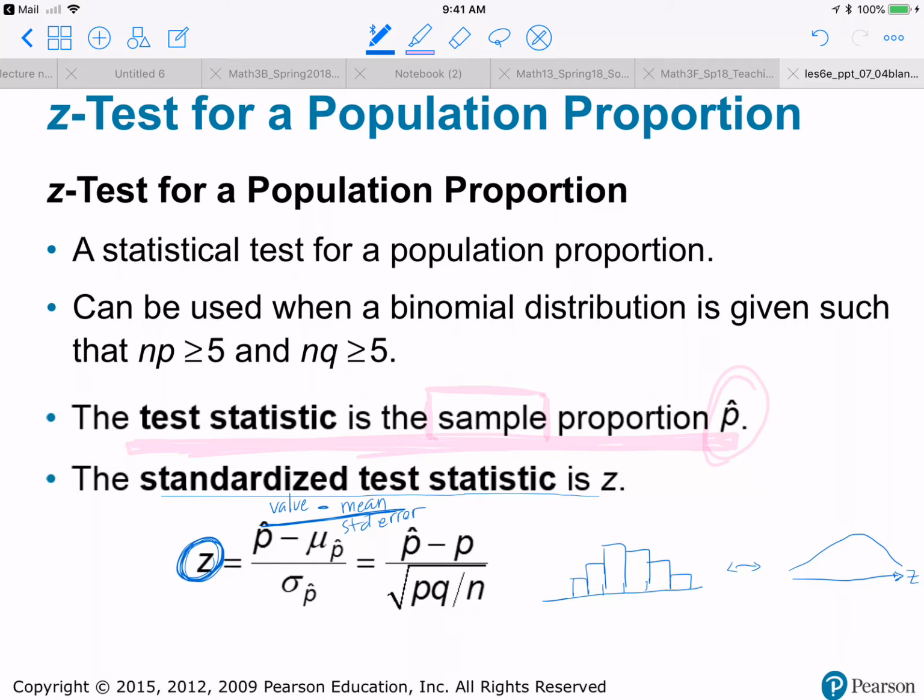Okay, so that's where we get this formula from. And remember, this formula for standard error of your sampling distribution is going to be sigma over square root of n.